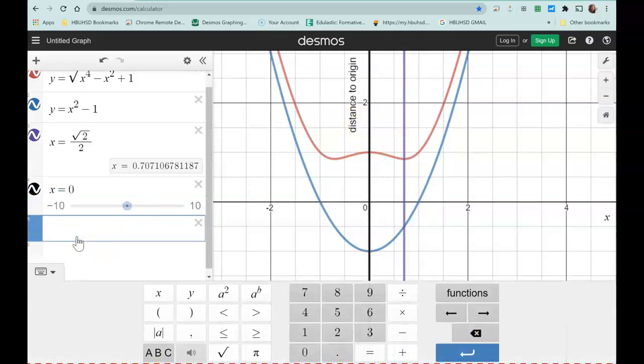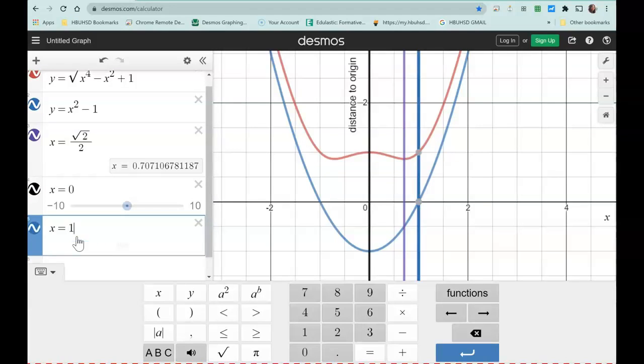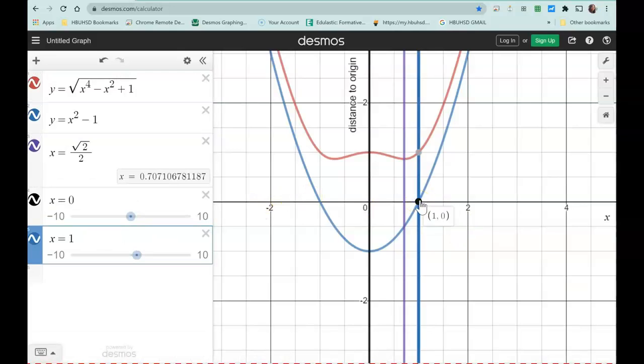We can also do x equals 1. Okay, so x equals 1, this is the blue one, the parabola to the origin. So you can see that distance is 1, but we can go straight up to the distance equation, which is in red, and we know the y is 1. So as you can see, when x is 1, the distance is 1.